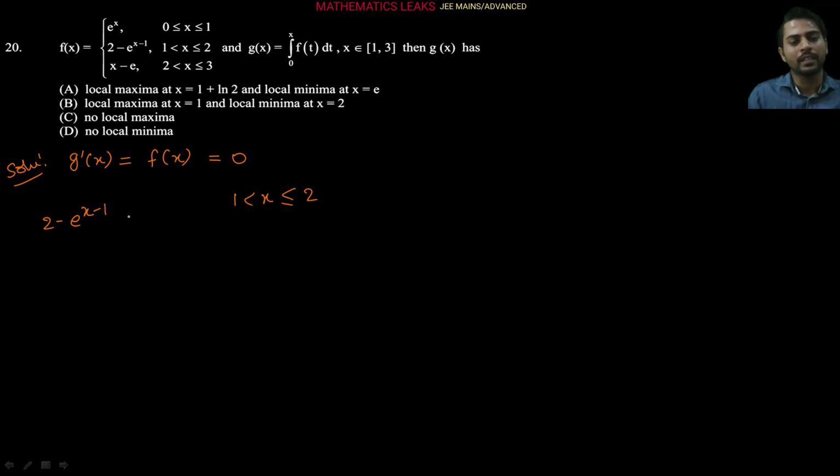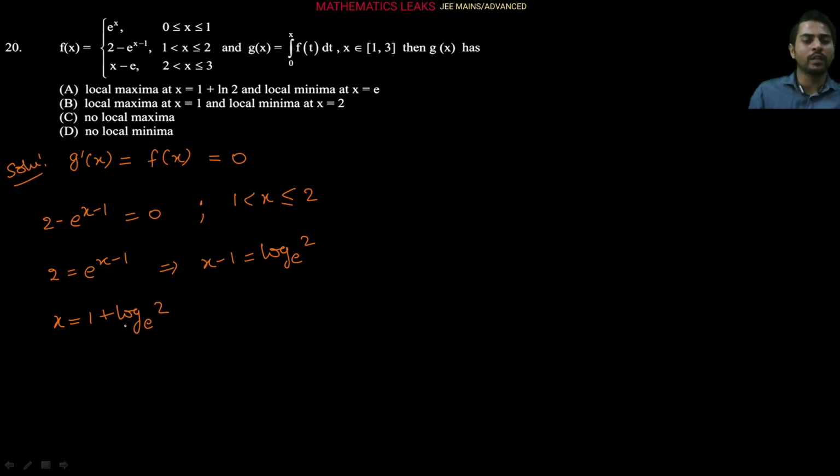On simplification we get 2 equals e to the power x minus 1. Further simplification gives x minus 1 equals log base e of 2. So we get x equals 1 plus log base e of 2, right? So we are getting one value of x in 1 to 2 at which f of x becomes 0, meaning g dash x is 0.